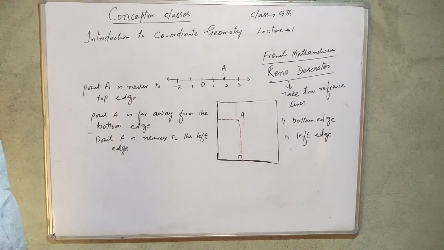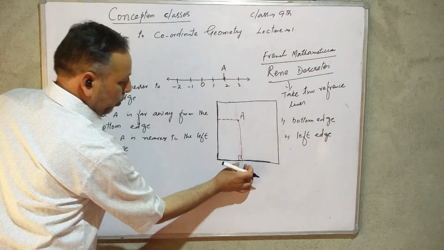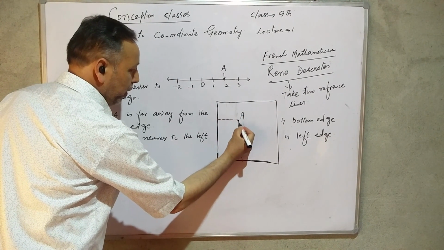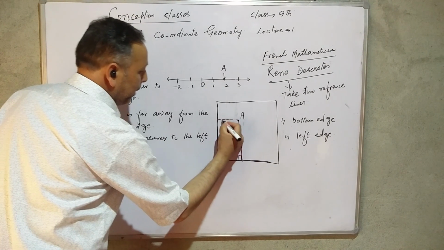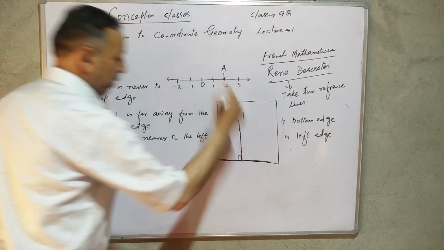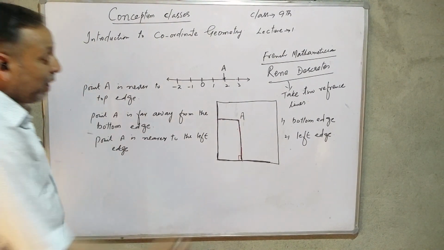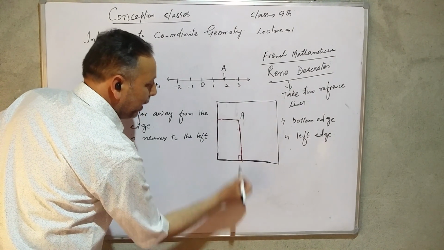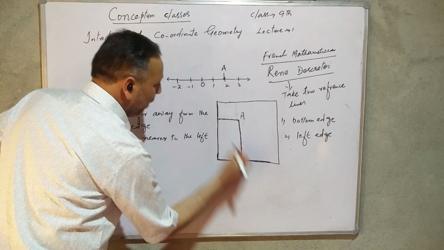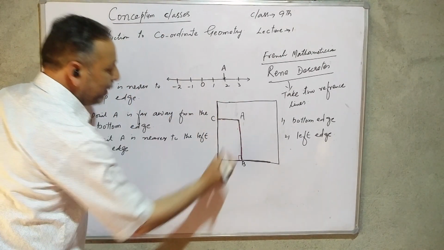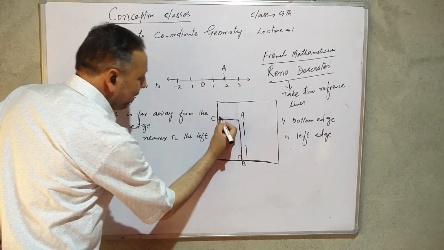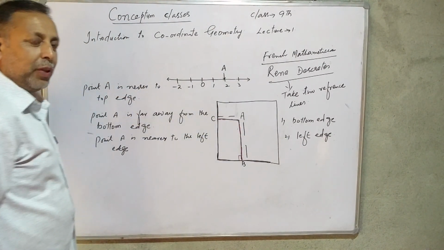Then draw perpendiculars from point A to the bottom edge and to the left edge. This perpendicular and this perpendicular. Let me name this point as B and this point as C. Then you measure the distance AB and measure the distance AC.